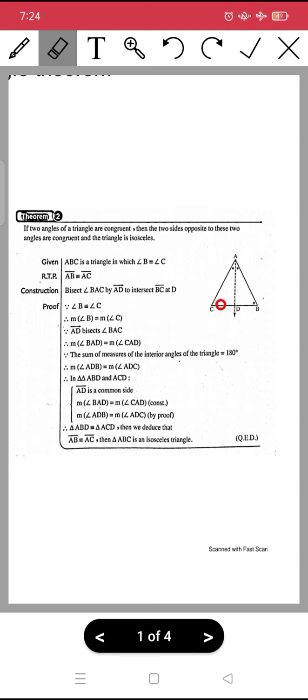Since angle B is congruent to angle C, measure angle B equals measure angle C. Ray AD bisects BAC, therefore measure angle BAD equals measure angle CAD. And since the sum of the measures of the interior angles of a triangle is 180, therefore measure angle ADC equals measure angle ADB.